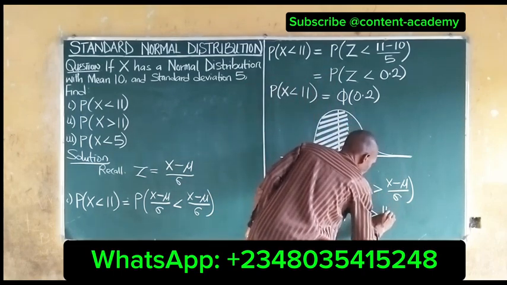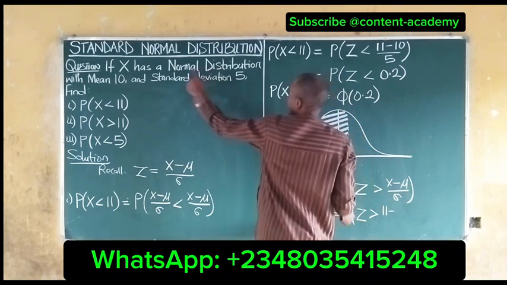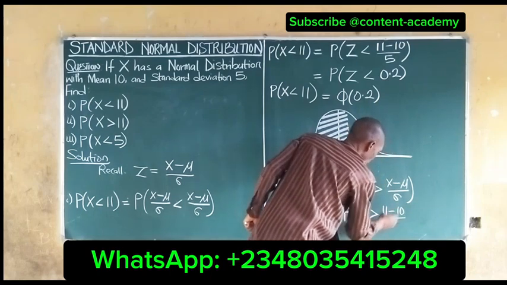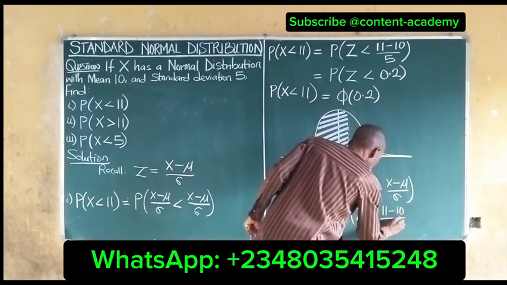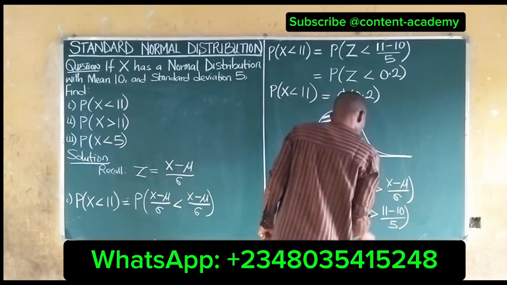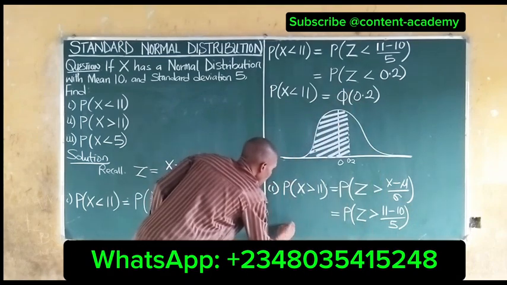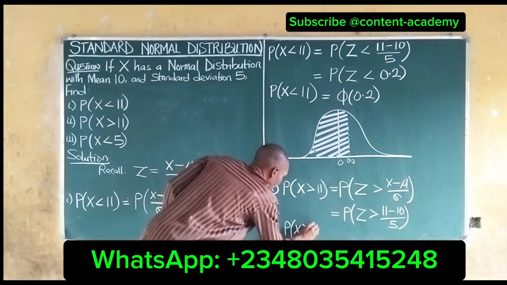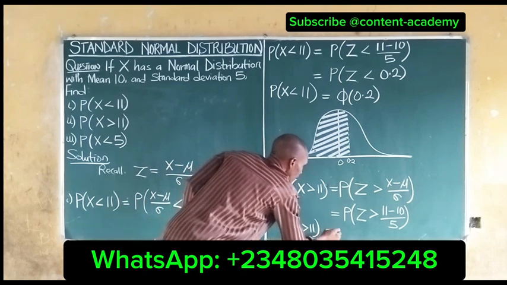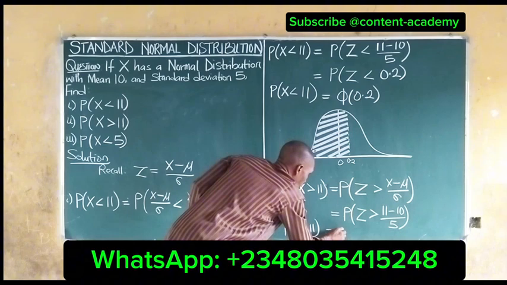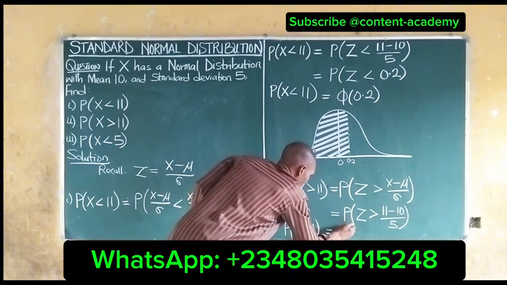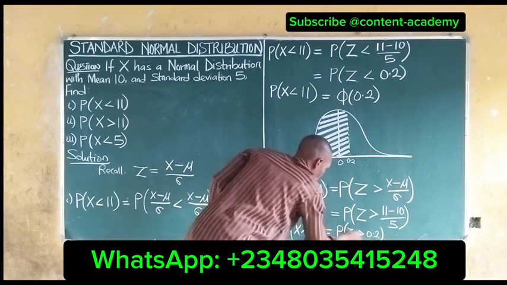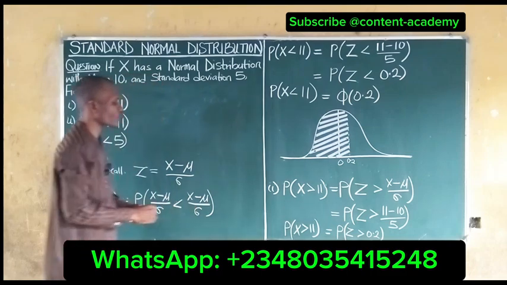So this time it is 11 minus the mean, 10, all over 5. Of course, we get the same thing. It then means that our probability of X is greater than 11 is the same thing as our probability of Z is greater than 0.2.